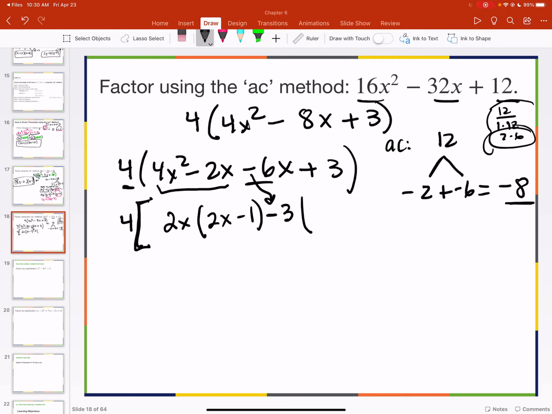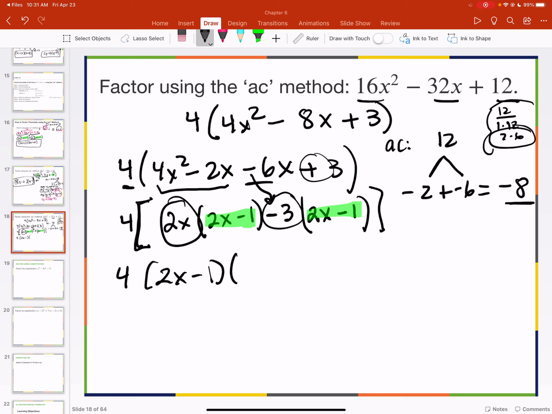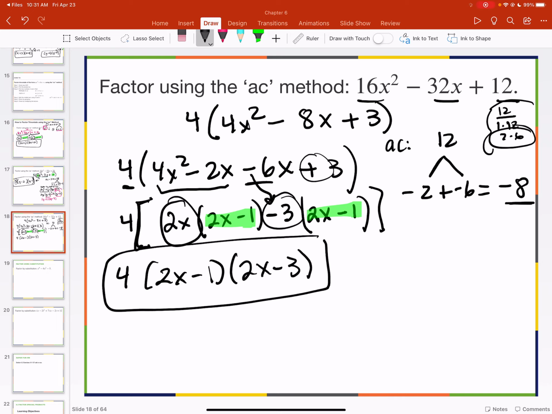If you factor out a 3, that leaves you with 2x minus 1, okay, because this is a positive. So now we have the common term 2x minus 1. So finally, we can write this as 2x minus 1, and then inside the parentheses, what's left is 2x minus 3. And that's it. Okay.